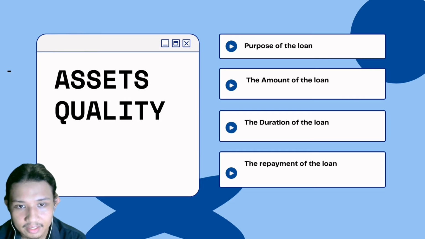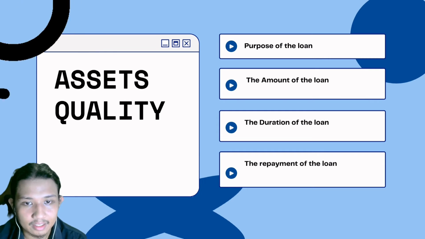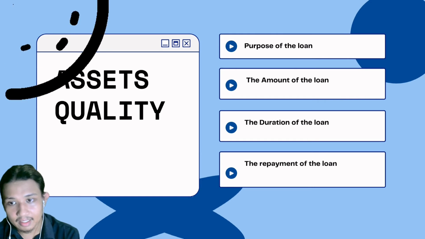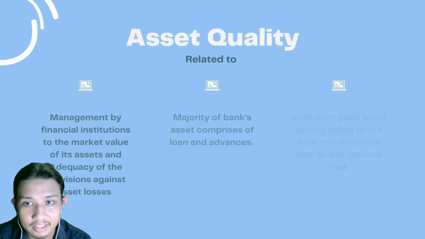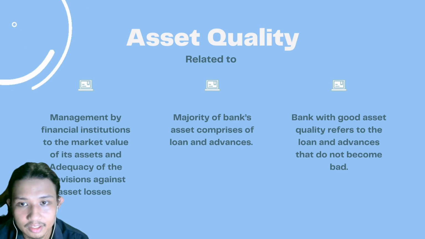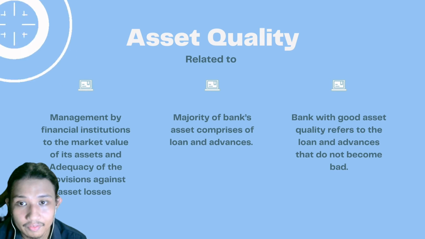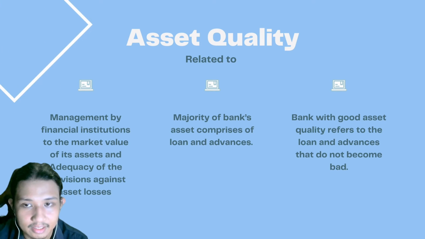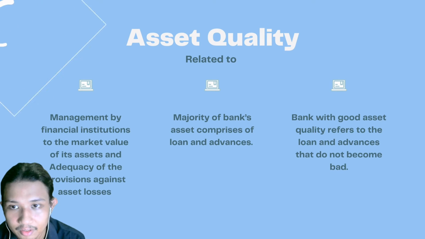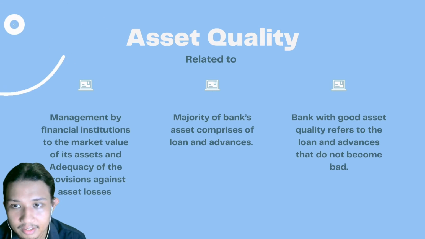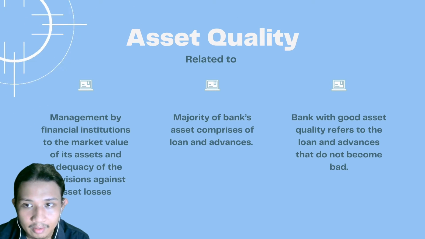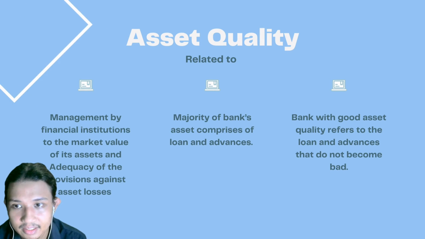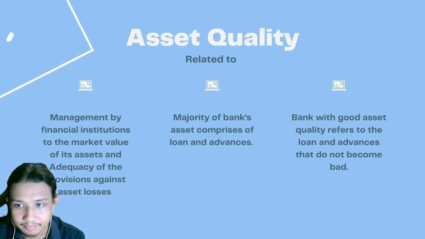Lower credit risk means better asset quality, and the level of risk can be related to the management by the financial institution, the market value of its assets and the adequacy of the provision against asset losses. Next, the majority of bank assets are comprised of loans and advances. A bank with good asset quality has loans and advances that do not become bad.